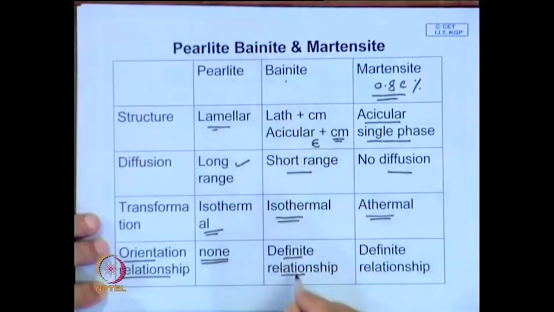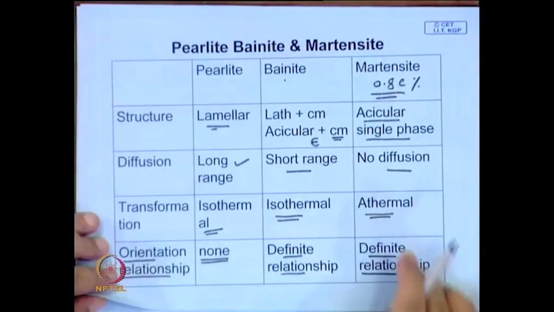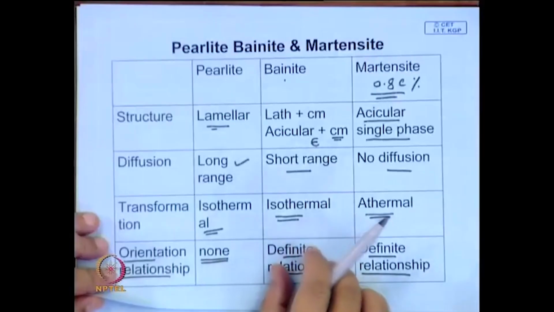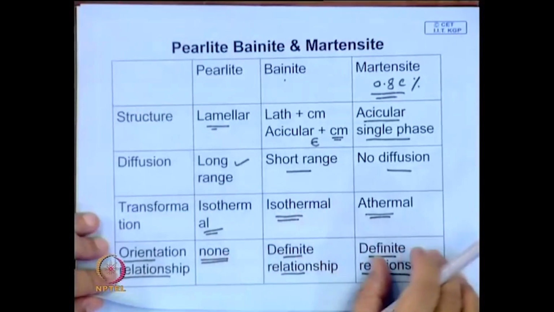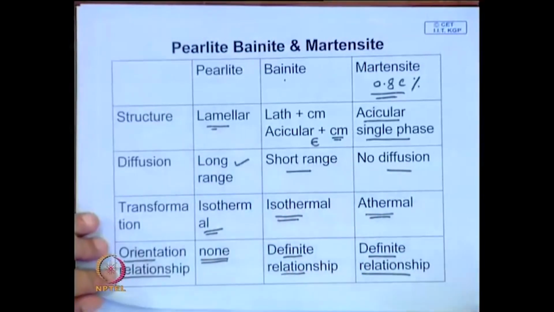Lath will have one kind, acicular or plate type structure will have another kind, and similarly martensite also forms on a definite crystallographic plane. So, this also has a definite crystallographic relationship. So, the intermediate product bainite has certain characteristics which match with martensite, and certain characteristics which match with austenite.